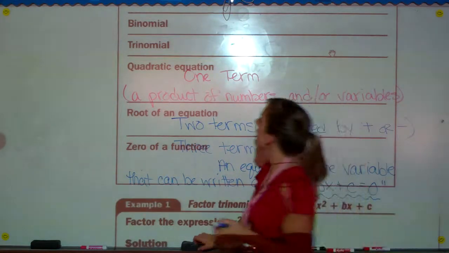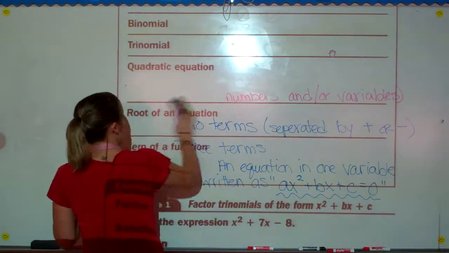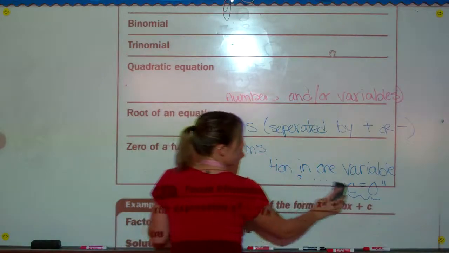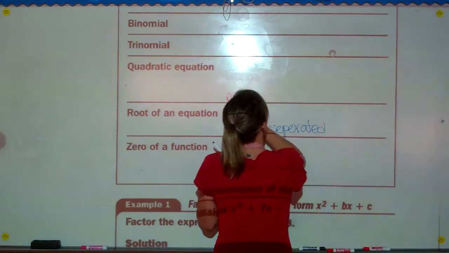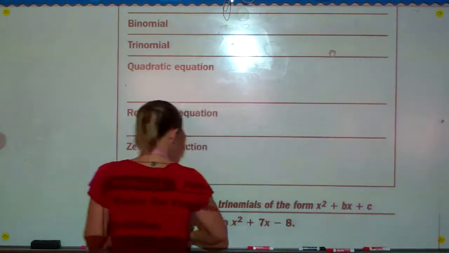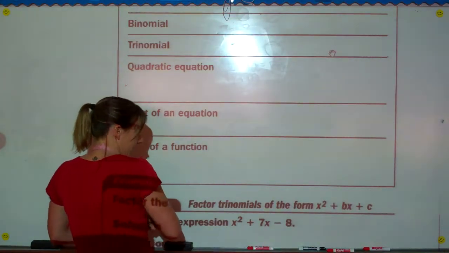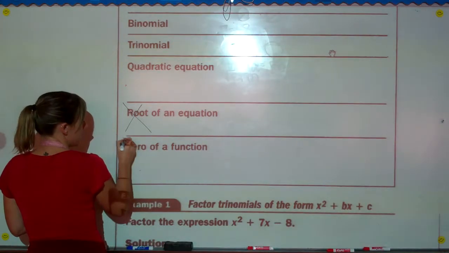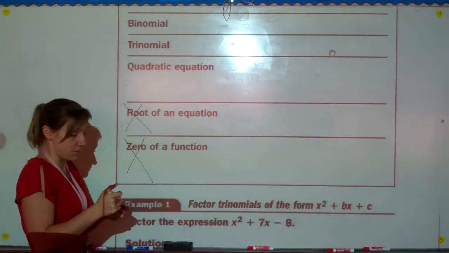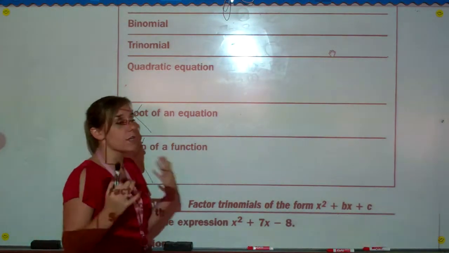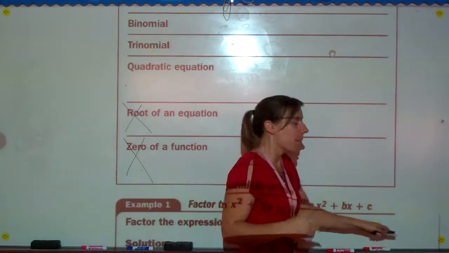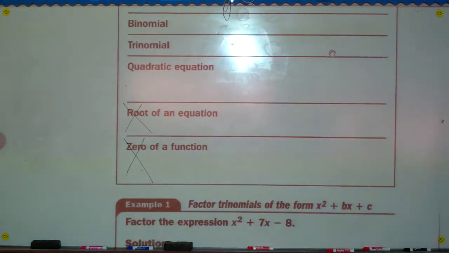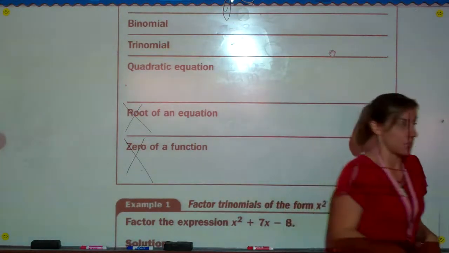So again, right here, you can just cross out roots and zeros for now. Okay, we are going to talk about those. They're really, really key to Algebra 2, but just not this lesson. So I want to go ahead and just jump into the actual work that we're going to do.